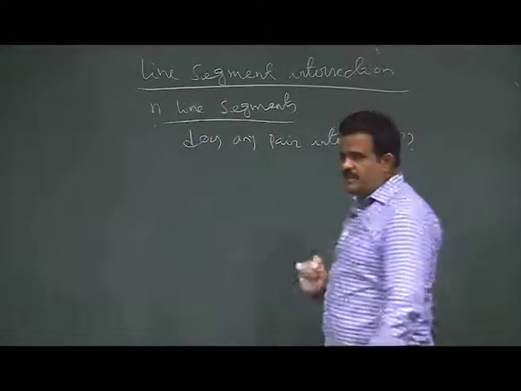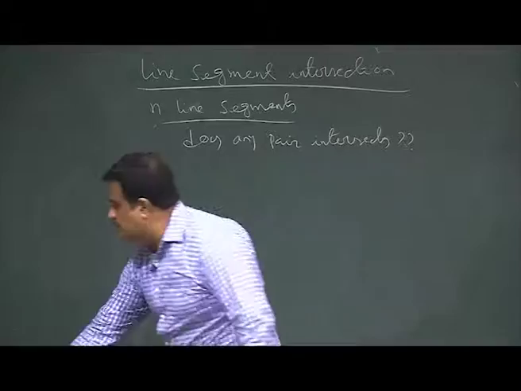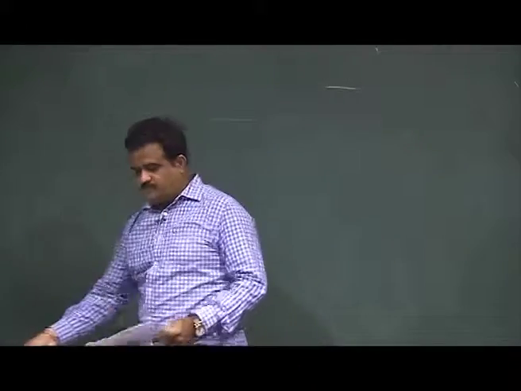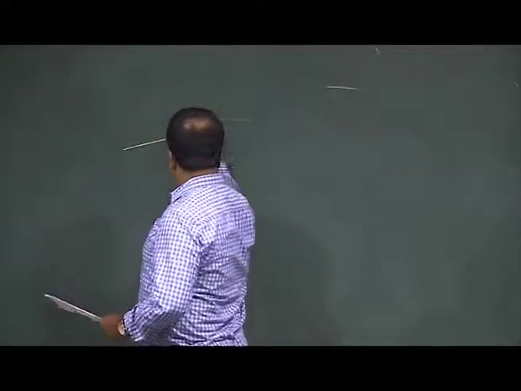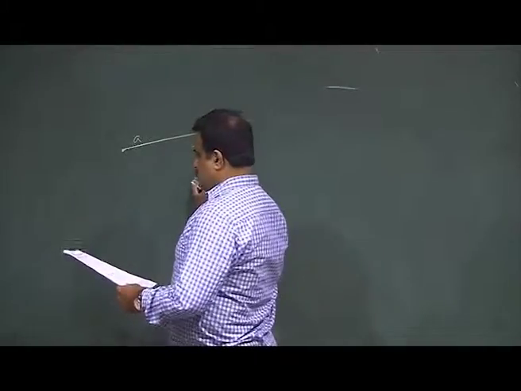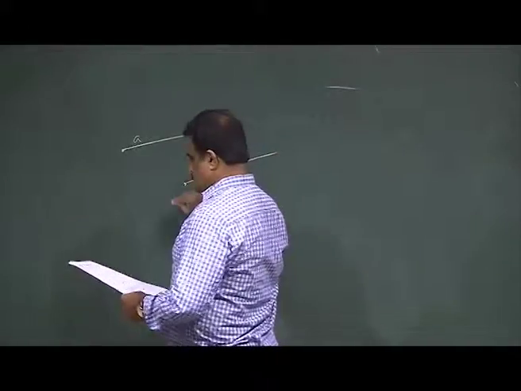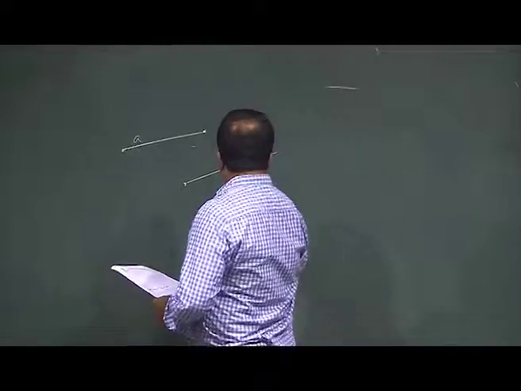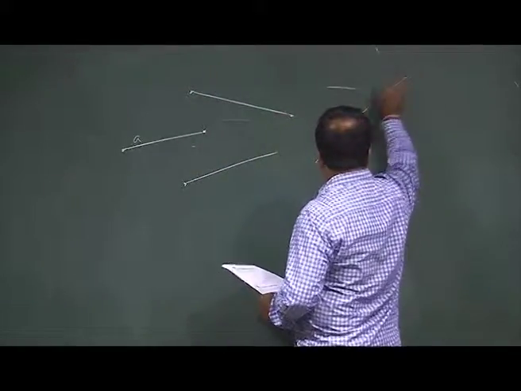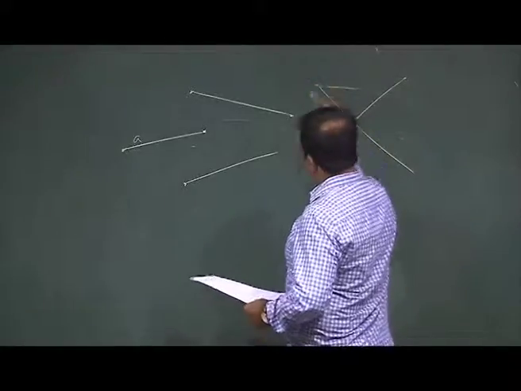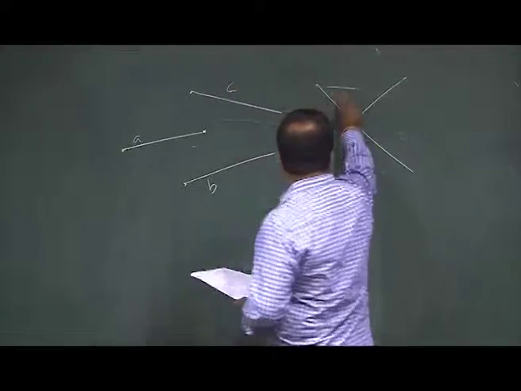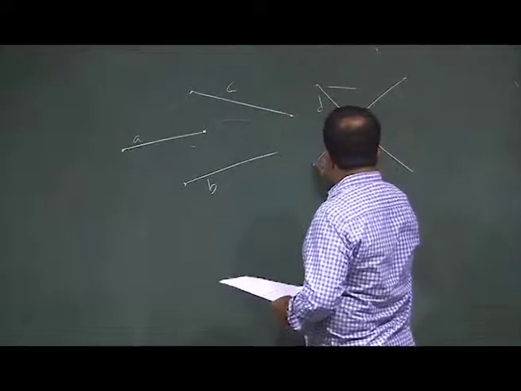That is the problem. For example, if we have a line segment, say this is a line A, and say we have a line like this, okay, suppose this is line segment ABCD, not line.